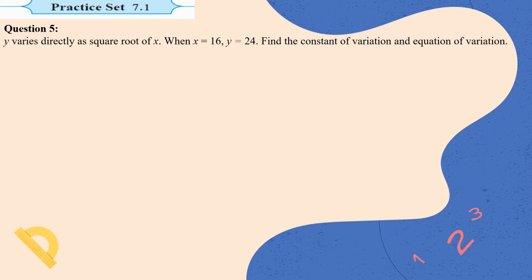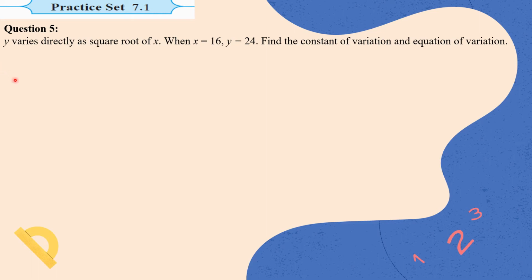Next, let us do practice set 7.1, question number 5. In this question, it is said, y varies directly as square root of x. When x is equal to 16, y is equal to 24, we have to find the constant of variation and equation of variation.